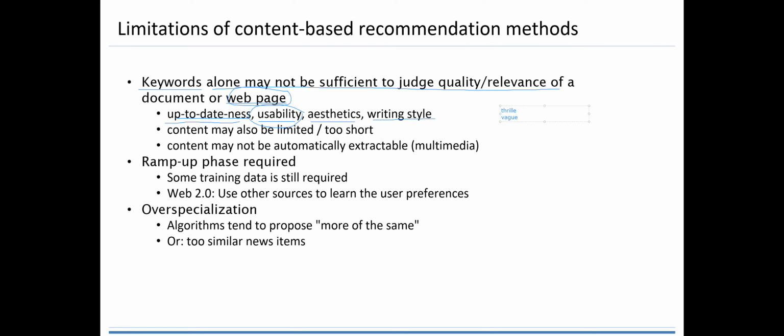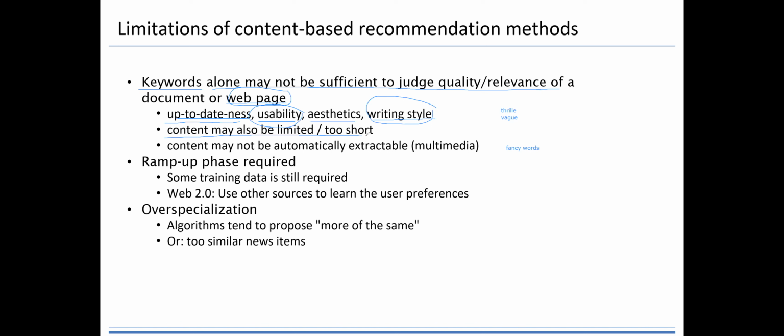Because the word is not usable on many occasions, it is difficult to use this content base. Aesthetic: sometimes in a novel or in some books, they use very fancy words. When you use fancy words, it's very complicated to measure. And writing style: your writing style will be different from my writing style. Every person has a different writing style.